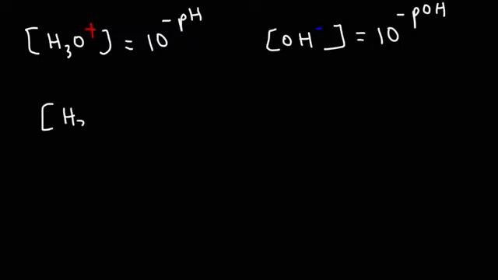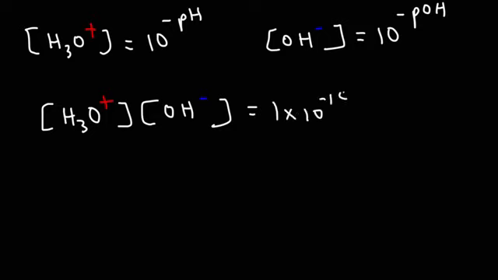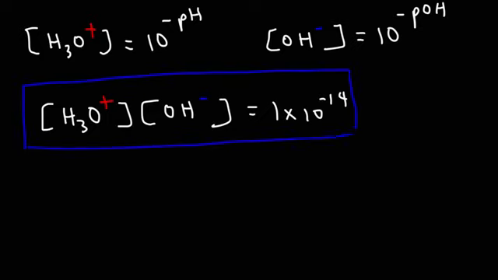And also, the hydronium ion concentration times the hydroxide ion concentration at 25 degrees Celsius is equal to Kw, the auto ionization constant for water, and that's 1 times 10 to the negative 14. So those are some other formulas that you want to be familiar with.